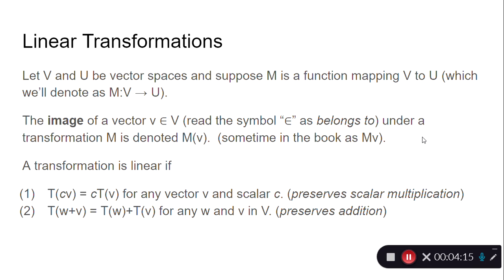We say that the image of a vector under a transformation is denoted blah, blah, blah, okay? You'll see this little symbol in the slides and notes and stuff. It looks like a funny little E, and it means belongs to. So I would read it as V belongs to V, or little v belongs to V.